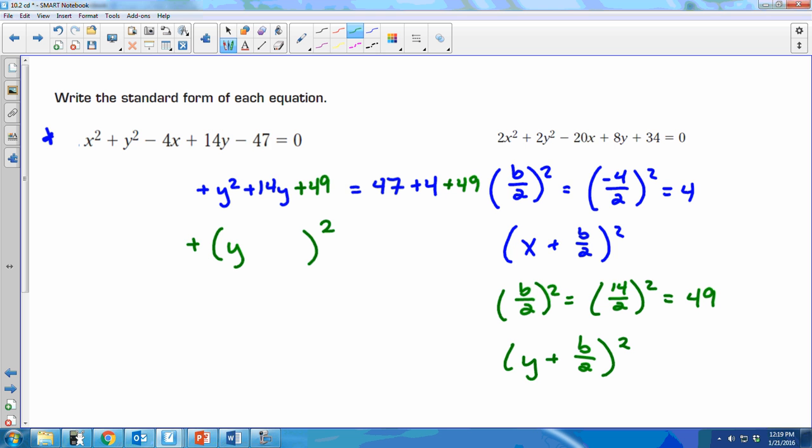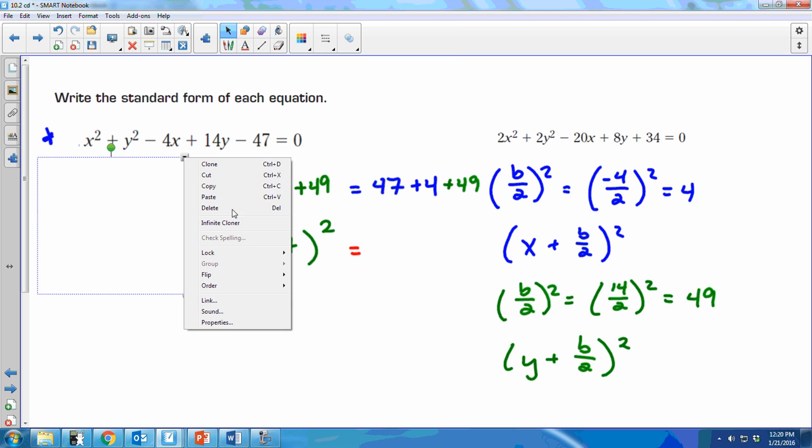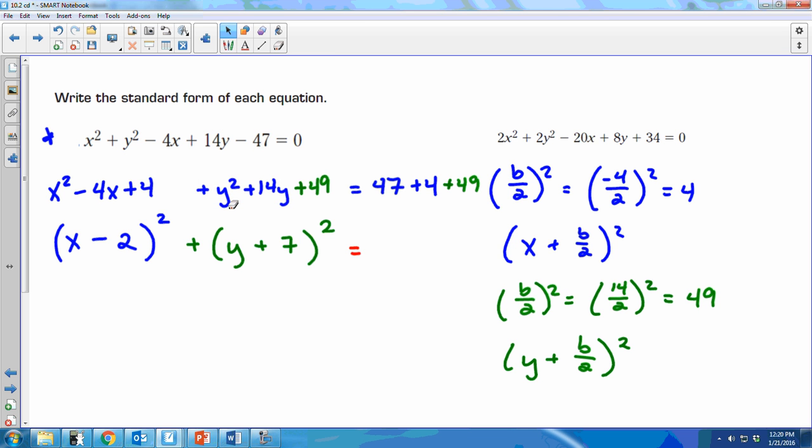It's going to be factored y plus 7 squared. Then we need to add up everything on the other side. 47 plus 4 plus 49 is 100.